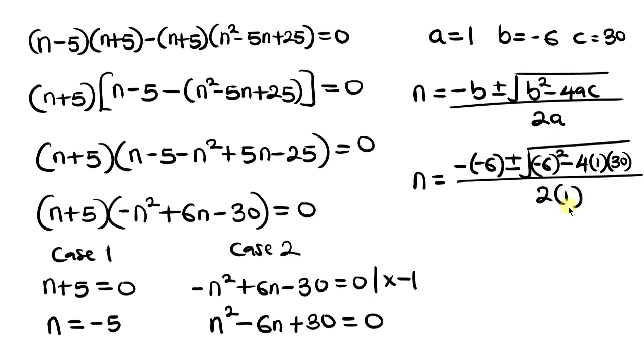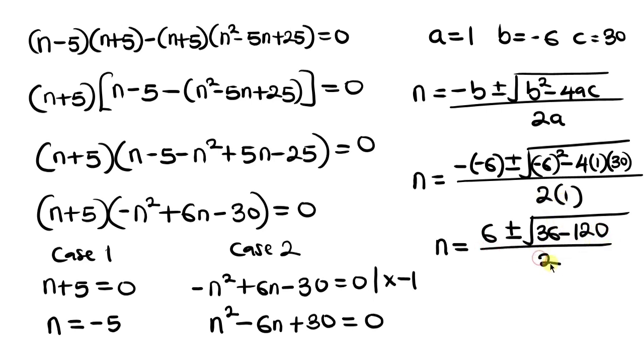Very good. Now let's simplify. So n now becomes minus times minus is positive, so I'm going to have positive 6 plus or minus the square root of. Now negative 6 squared is 36, minus. Now 4 times 1 times 30 is 120. All over 2 times 1 is 2.